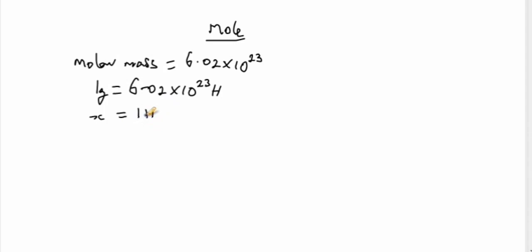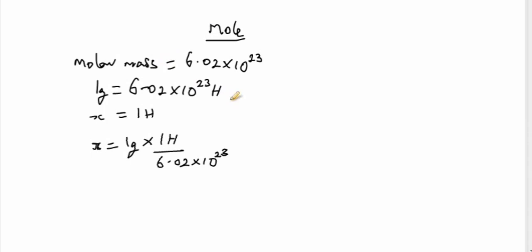Therefore, X here will cross multiply. X becomes 1 gram times 1 atom, that's 1 hydrogen atom, everything over 6.02 times 10 raised to the power 23.